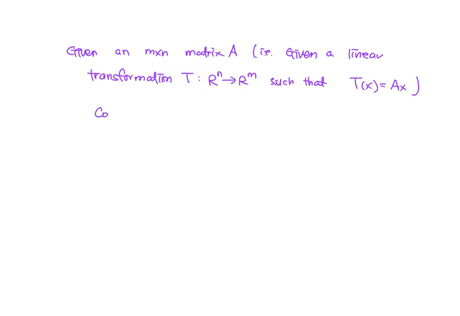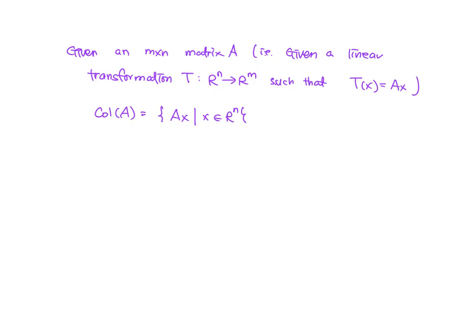The column space, which was another name, is defined by the collection of all the images of A times x. So that is the collection of the images when you consider all the vectors in the domain.